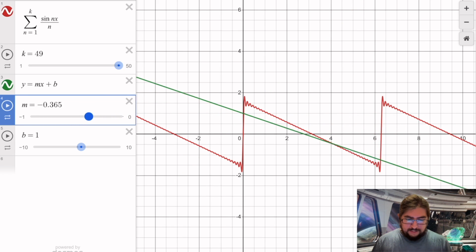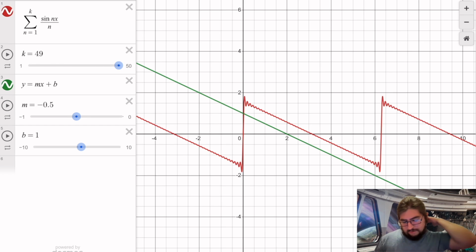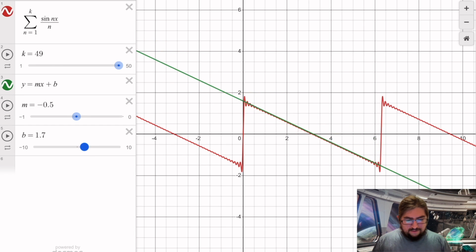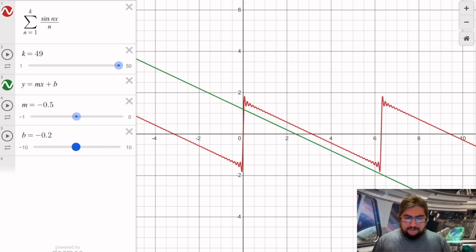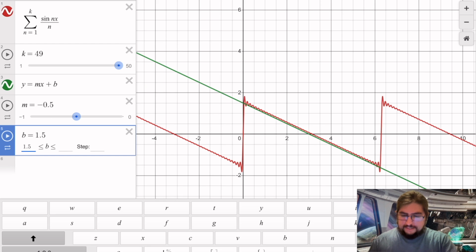And then maybe we can toggle it around there. And yeah, it looks like it's about -1/2, which I believe actually is correct, but we'll see that in due time. And then b, it's not obvious what b is. You have to play around with it a bit. It looked like 1.6 did the trick. Let's go between 1.5 and 1.6.